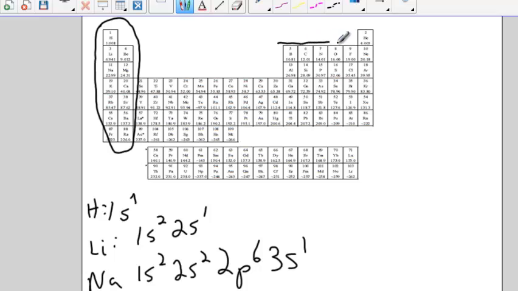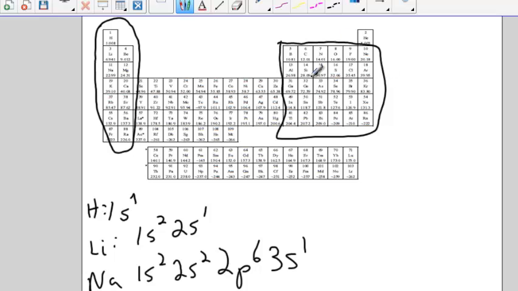Over here, this section of the periodic table, 1, 2, 3, 4, 5, 6. There are 6 columns here. What else is 6? The number of electrons in a p orbital.